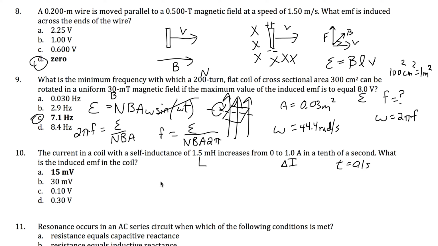So this is understanding that one way that we define the induced EMF when we introduced inductance in the first place is that the induced EMF depends on how fast the current is changing, because the induced EMF depends on how fast the flux is changing according to Faraday's law, and how fast the magnetic field is changing through a loop is going to depend on how fast the current through that loop is changing.